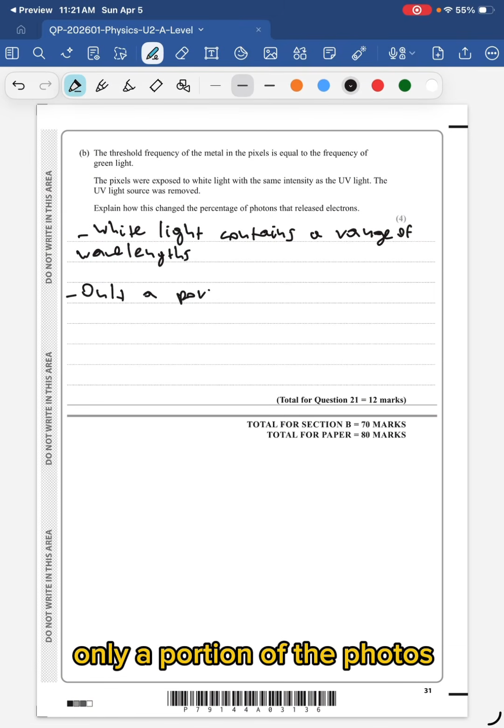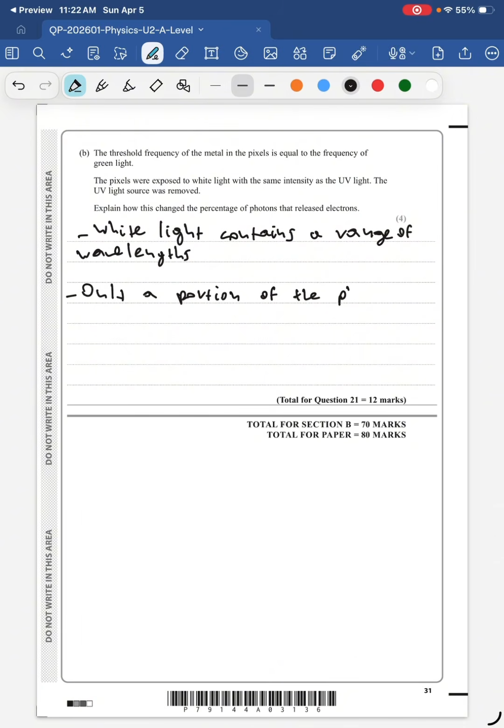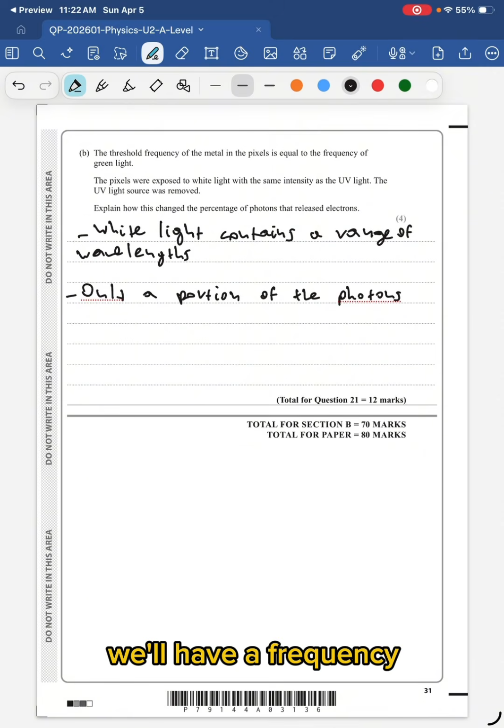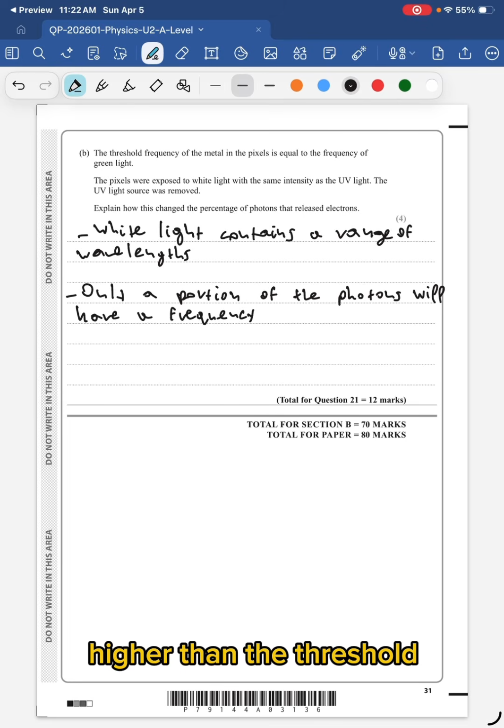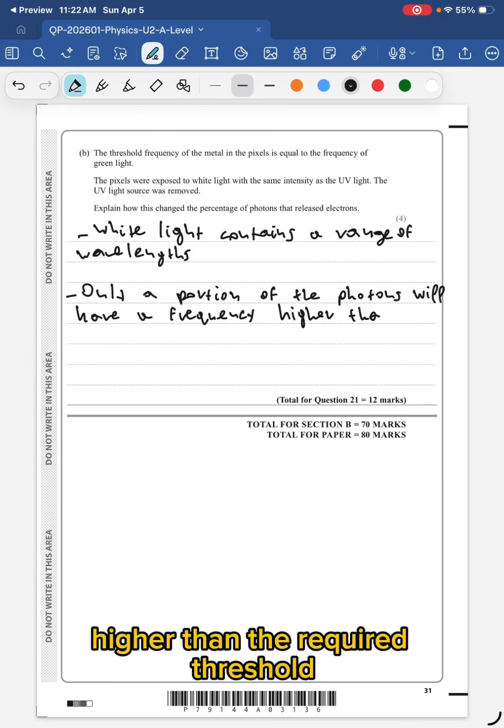Only a portion of the photons will have a frequency higher than the required threshold.